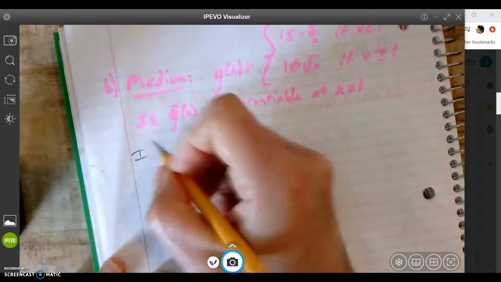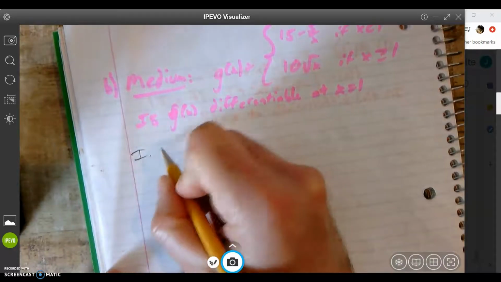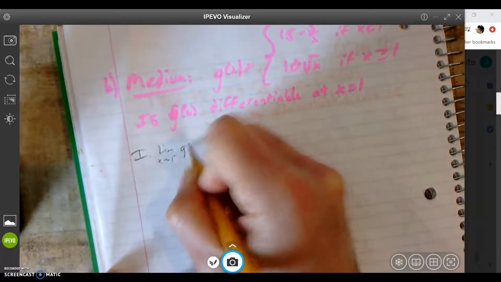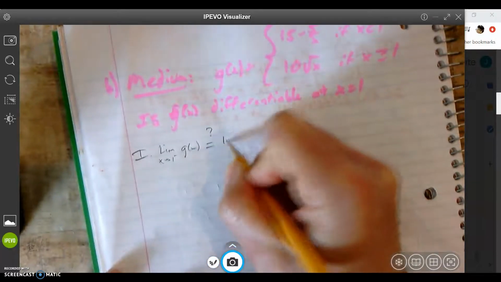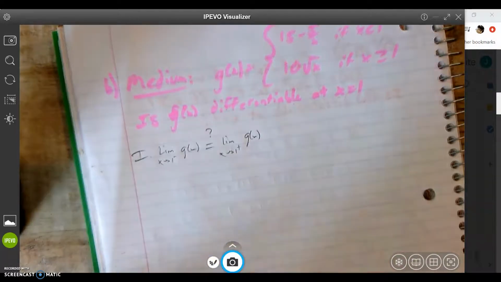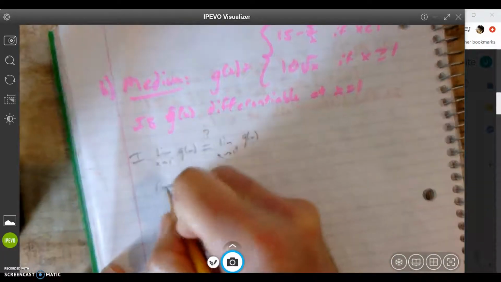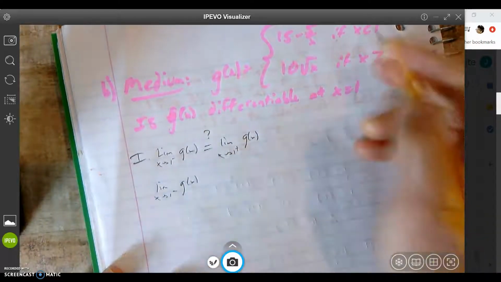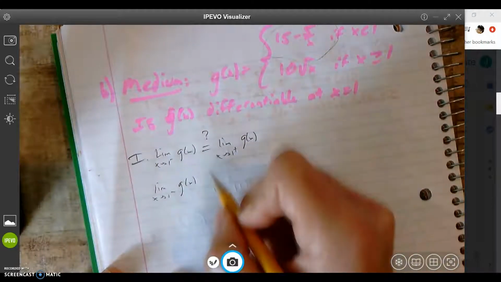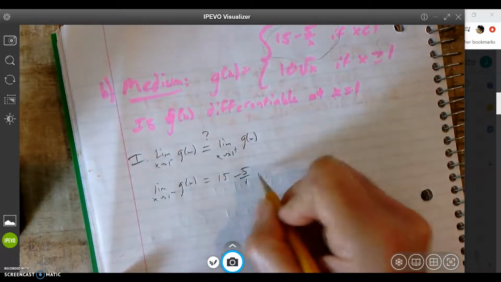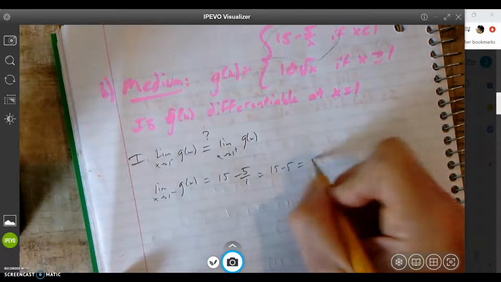Here we go. Step 1: we've got the limit as x approaches 1 from the left of g of x. Does that equal the limit as x approaches 1 from the right of g of x? The limit from the left of g of x is here, so that's 15 minus 5 over 1, which is 15 minus 5, which is 10.